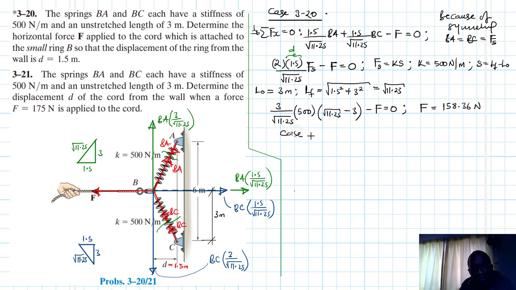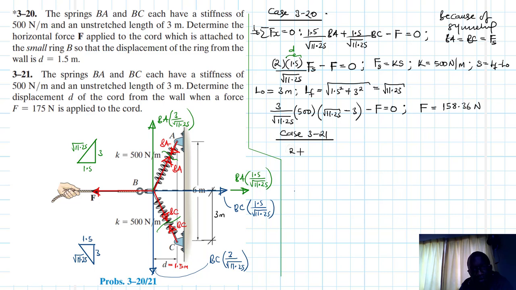Case number 2, which is case 3-21. So the equation that we are going to use, we use this equation here. This part, we're going to use this equation here. We know that this part is d, so we just write it as d.